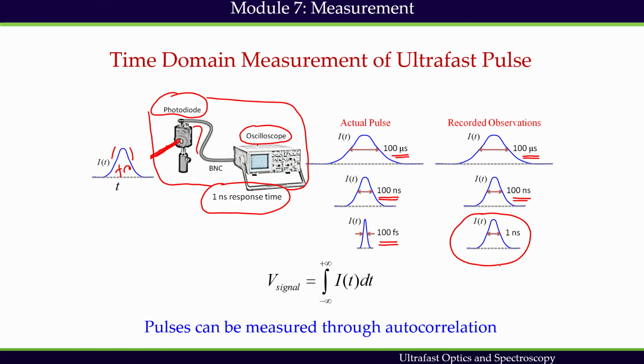And this is related to the total energy of the pulse, which is given by this integration from minus infinity to plus infinity I(t) dt. This is related to energy per pulse.